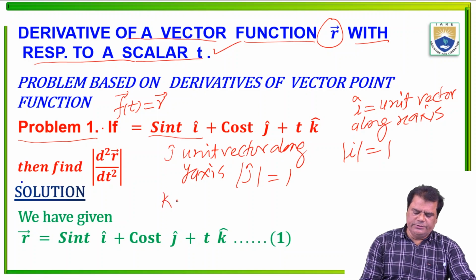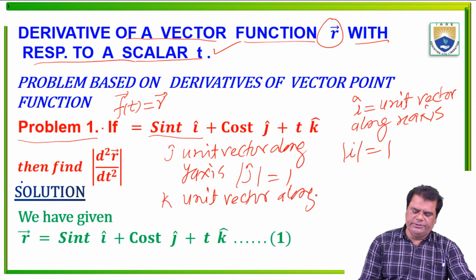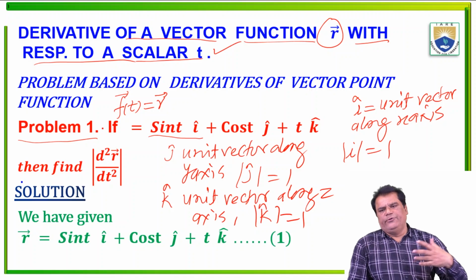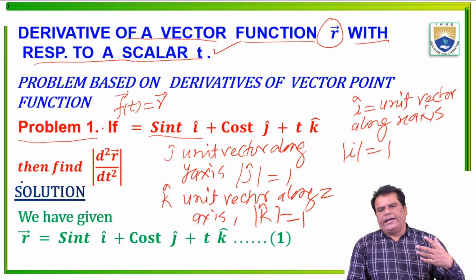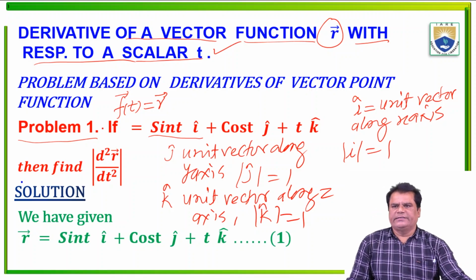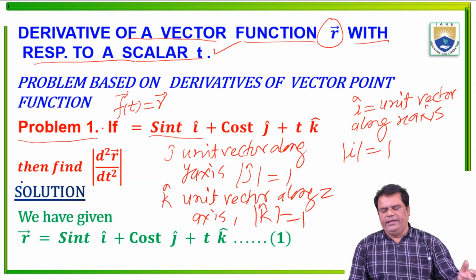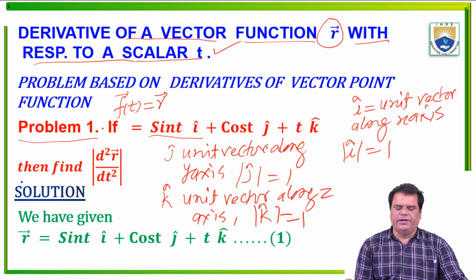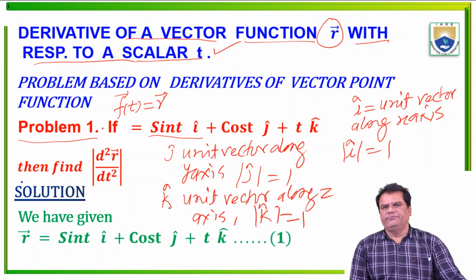And k is a unit vector along the z-axis, and mod of k unit vector is also 1. i, j, k are unit vectors along the x-axis, y-axis and z-axis respectively. These are unit vectors, so mod of i cap is 1, mod of j cap is 1, mod of k cap is 1.